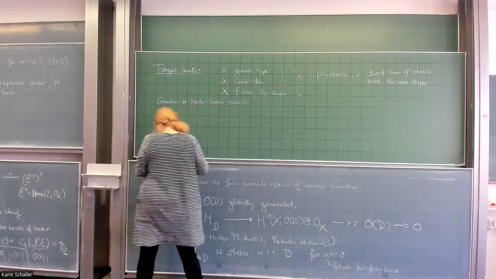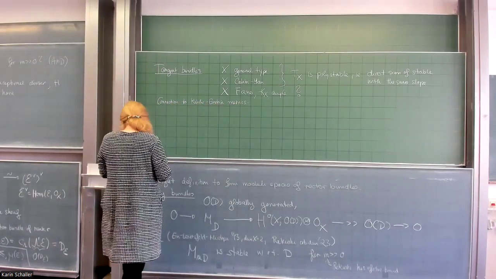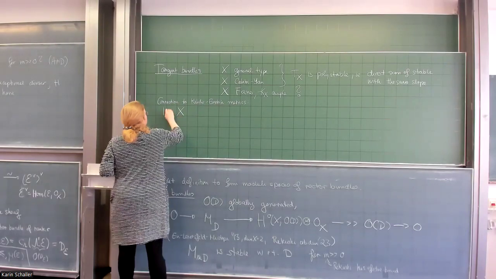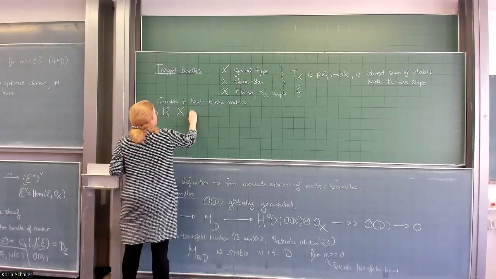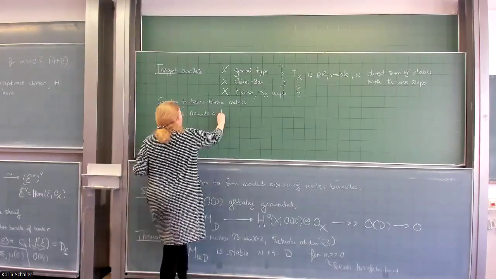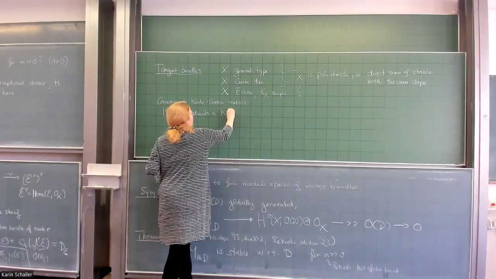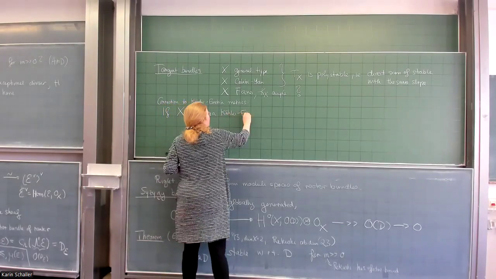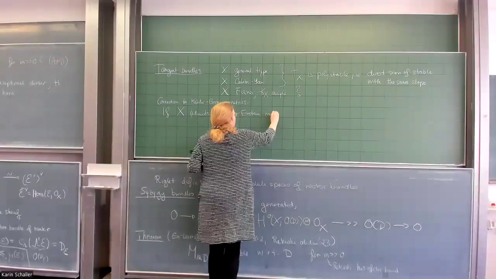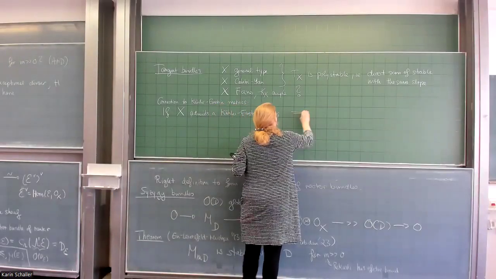And I'm not an expert on that, but I just wanted to tell you that you have this theorem. So if X admits a Kähler-Einstein metric, then there's a theorem by Kobayashi and Lübke.